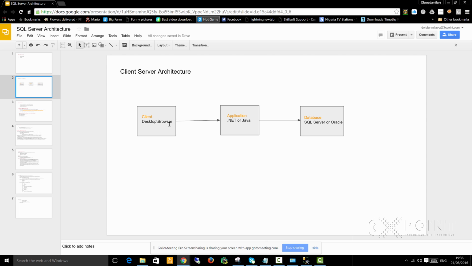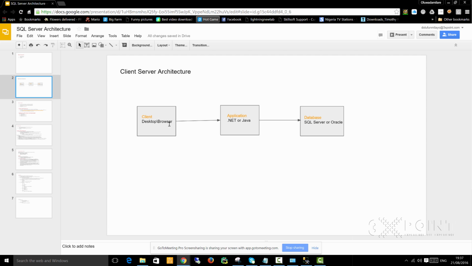So you can imagine when you post your photos on Facebook, your photos go somewhere. If you go to the folder in your account that says photos and you click on them, you'll find that your pictures are returned back to you. Now, those pictures are coming from somewhere, and when you post them, they get saved somewhere as well. And the place in which they get saved, as you know, is the database.